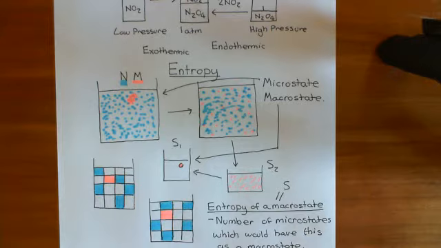You have a huge number of possible ways that you could rearrange all of those water molecules and all of those red dye molecules within the system. Every last one of those is a plausible microstate that the system could exist in. So that's the collection of absolutely all microstates.